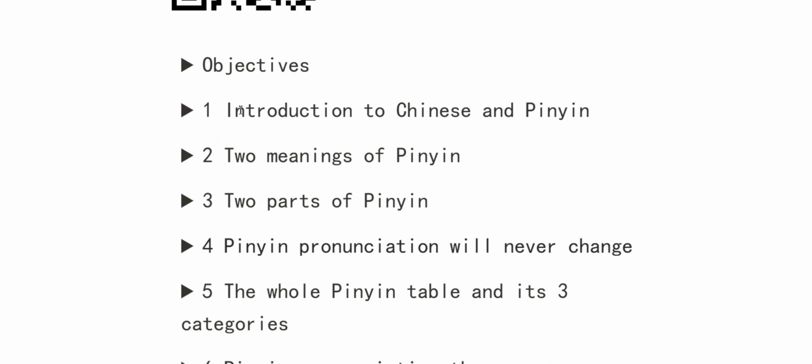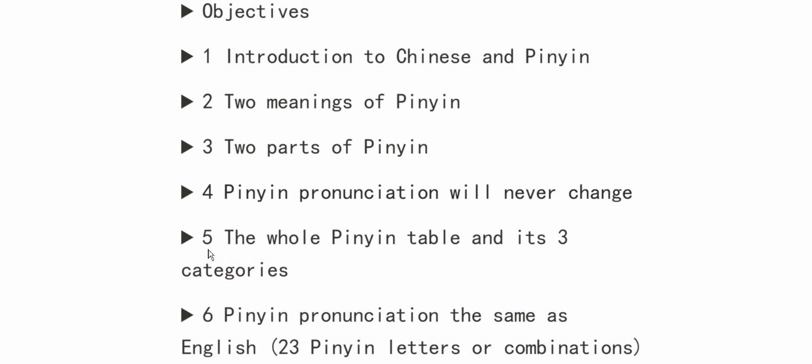The first one is the introduction to Chinese and Pinyin. Second one, 2 meanings of Pinyin. The third topic, 2 parts of Pinyin. For Pinyin pronunciation will never change. Topic 5, the whole Pinyin table and its 3 categories.